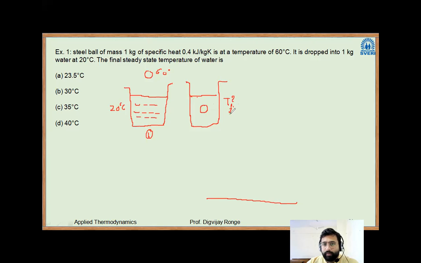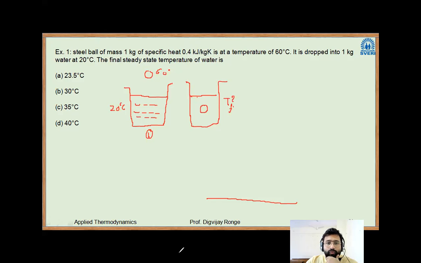So what will happen in this case? Anybody can guess what heat transfer will take place? What will the heat transfer phenomenon be in this case? Anybody want to comment? Heat will transfer from which body to which body?